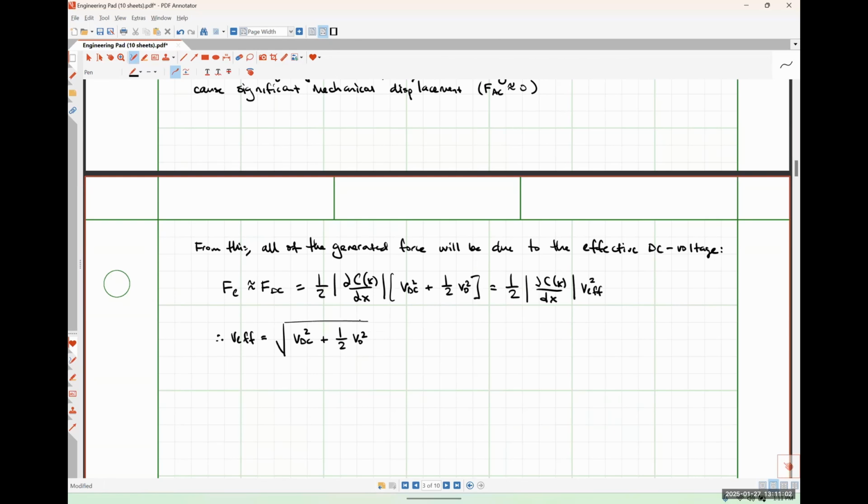So why is this particularly important? Well, this AC voltage is then contributing to the equilibrium operating point of our transducer, which means that we could effectively accidentally self-actuate a system, right? So what do I mean by that self-actuation?